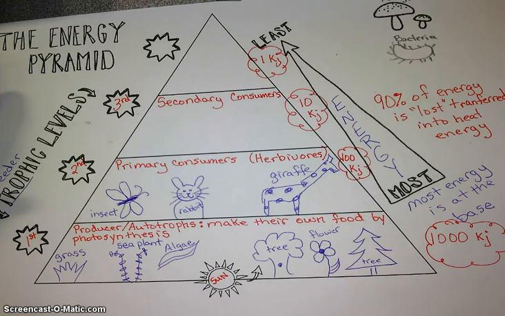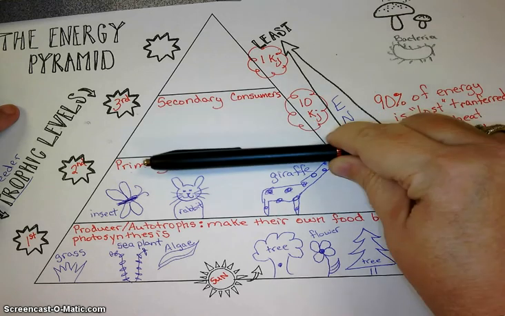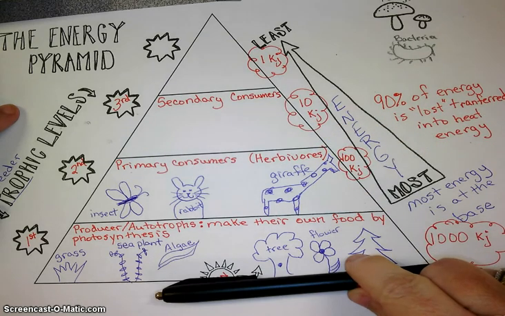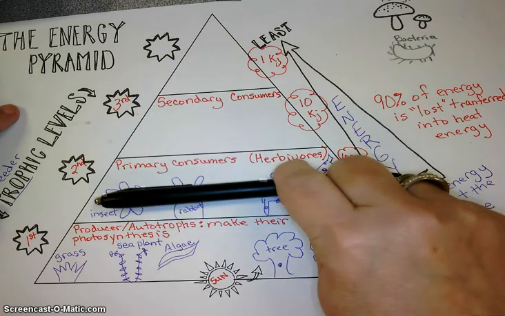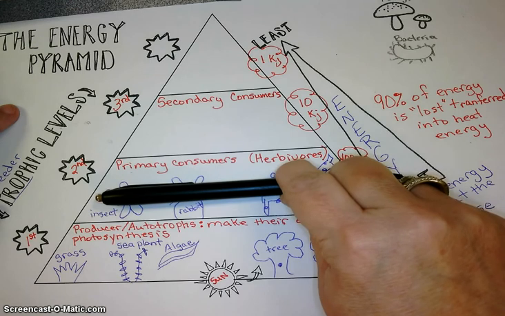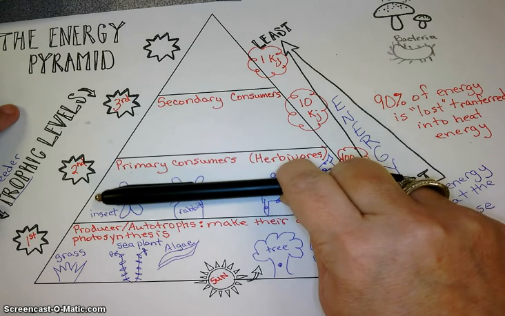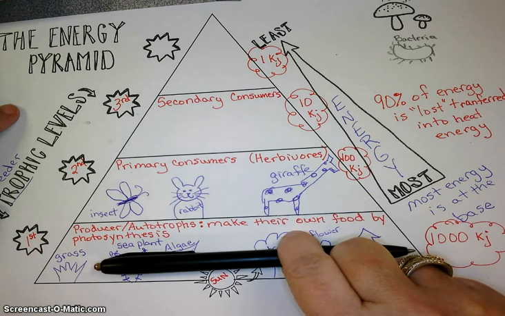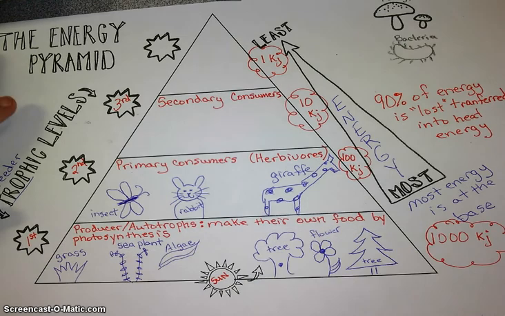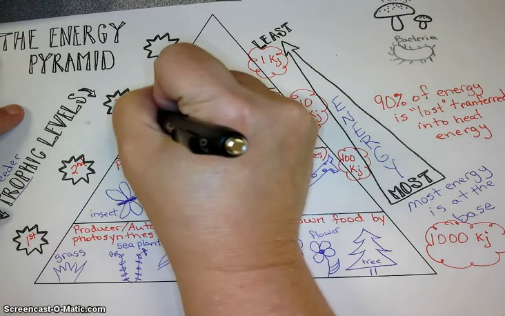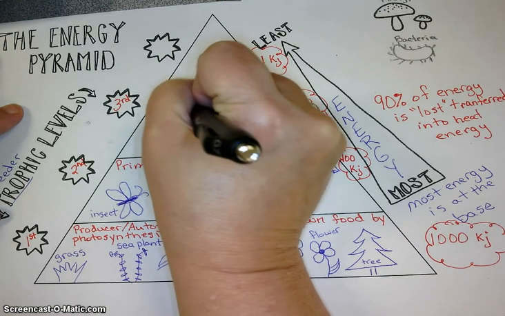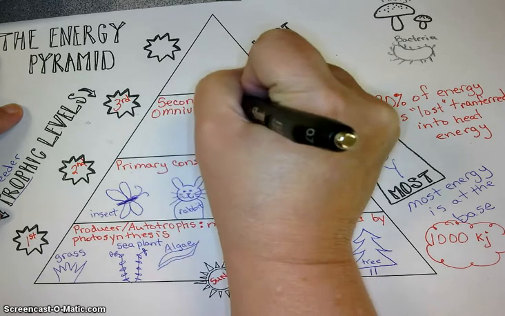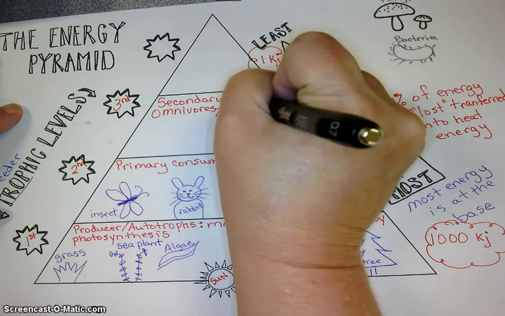Well, they could be, because they're going to eat whatever is underneath them on the energy pyramid. So they could eat just the primary consumers, and they would be carnivores. But what if they eat this and the plants? Then they could be omnivores.